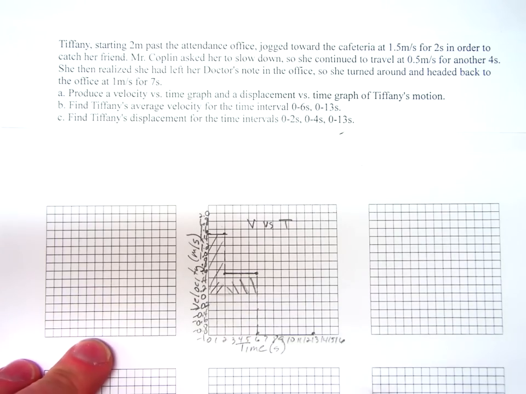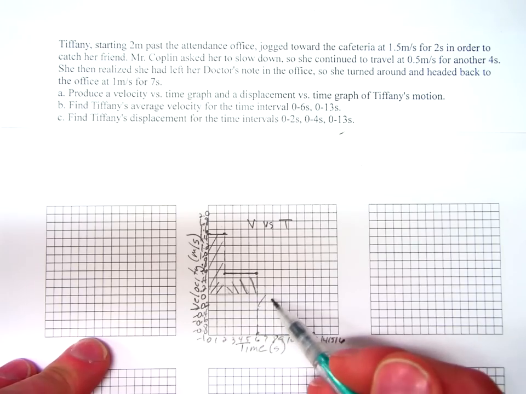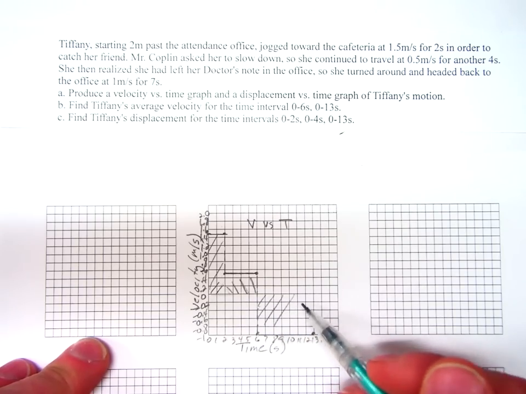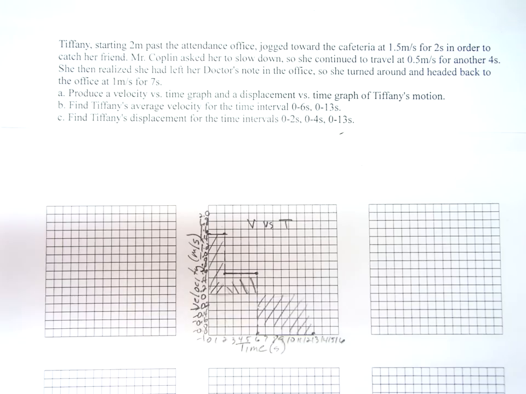Okay, and then this is a negative area. It goes between -1 and 0. Okay? So that change in displacement is in the negative direction. So here she is going in the positive direction away from the office, and then here she's going in the negative direction toward the office. Okay? So what I want to do is I want to find those areas.